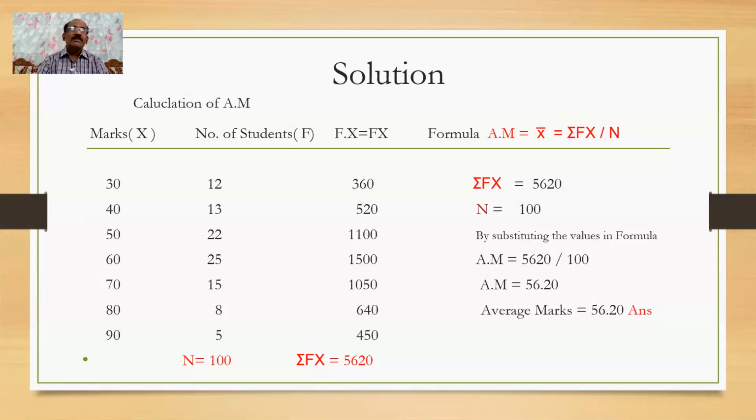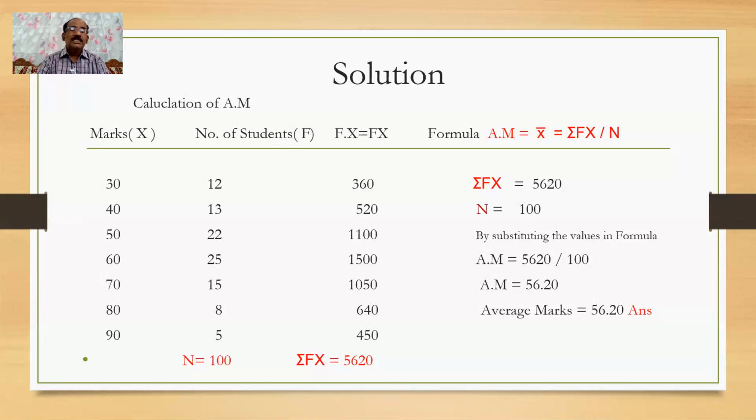N is nothing but sigma f. F means number of students, that is 12 plus 13 plus 22 plus 25 plus 15 plus 8 plus 5, which is 100. It is the sum of f values.